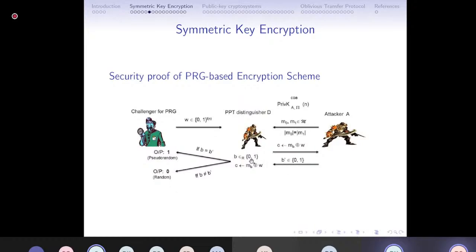If B dash equals B, the guess was correct, then the attacker has easily guessed and the construction is insecure. But if the guess is not correct, then we say that our scheme is secure.